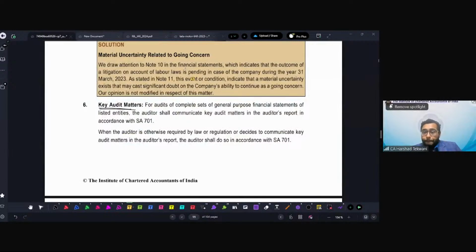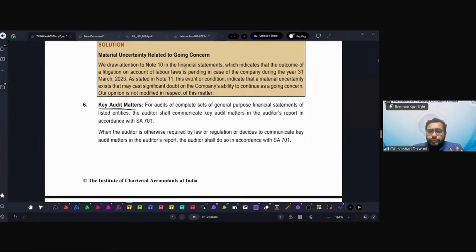But we will not discuss this paragraph now, because we will discuss it once we are into SA 701, where we will understand what key audit matters are, how they are required to be reported, and how key audit matters are different from a qualification. That is something we will understand when we do SA 701.